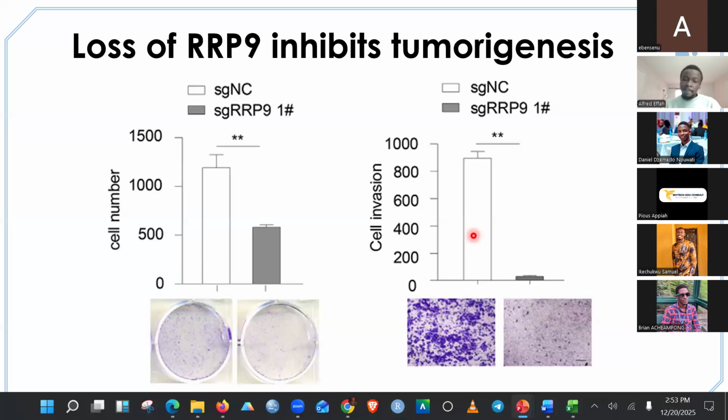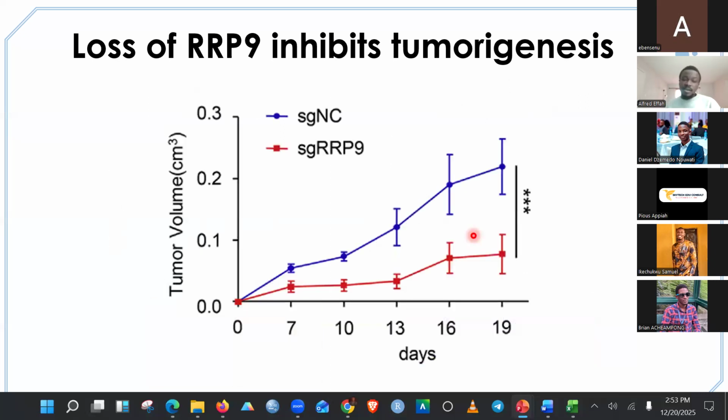So that's one thing. Now, what about cell or tumor volume? They wanted to look at the tumor size, the volume. Here too, you could see that when we delete RRP9, the tumor volume decreases. But when you have RRP9 present, the tumor volume is high. And so they were able to find that there is an interaction, it adds NED8.